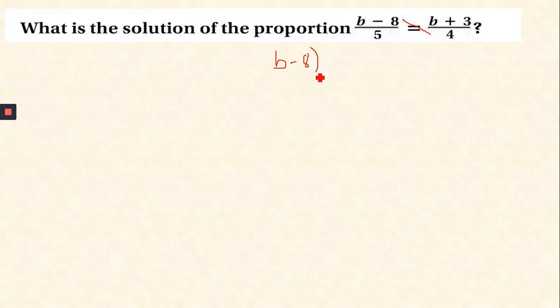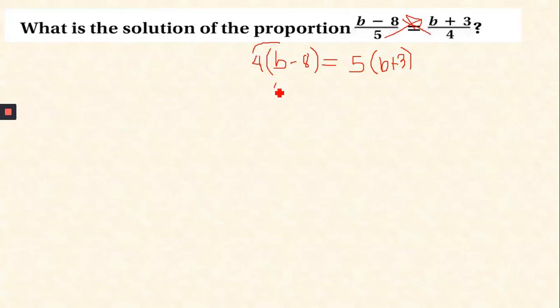You have to draw open and close parentheses to signify that you are going to multiply 4 by b minus 8, equal to 5 multiplied by b plus 3. Do the same thing, draw an open and close parenthesis. Then after that, apply the distributive property.